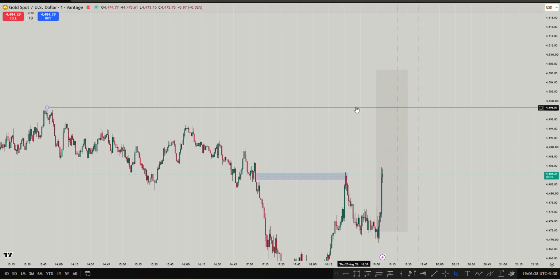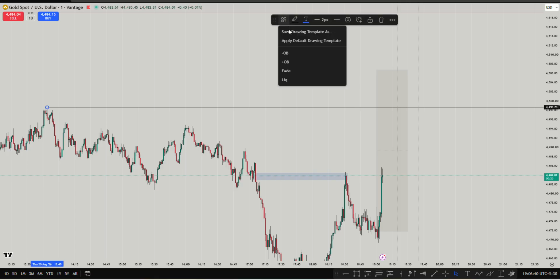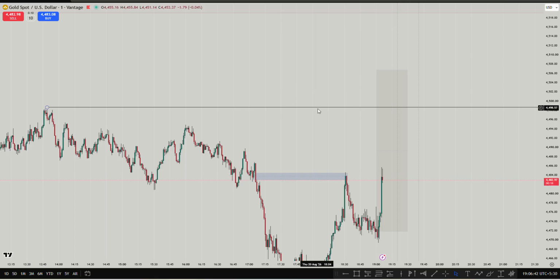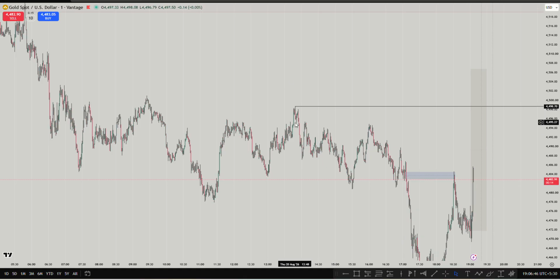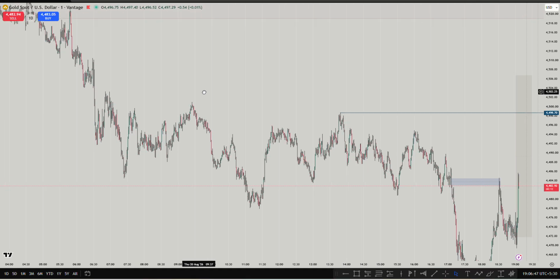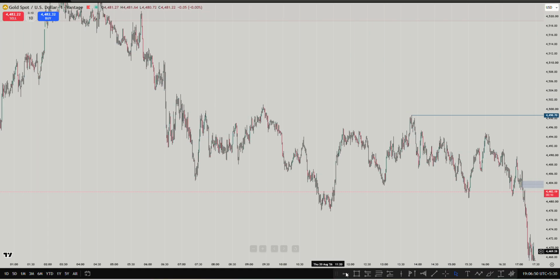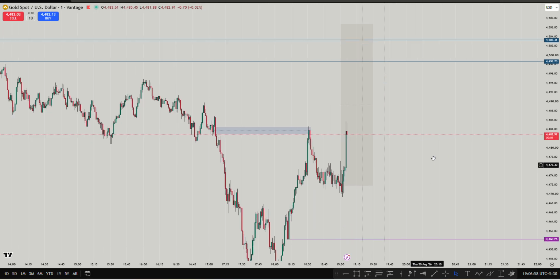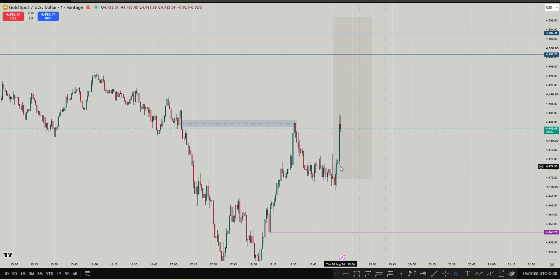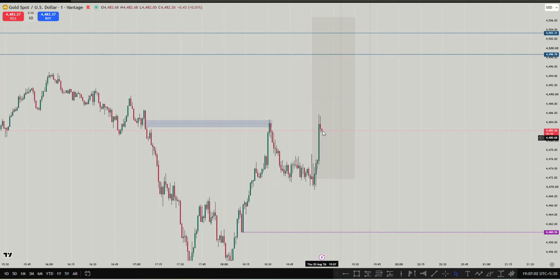Let's take a look if it targets this liquidity, which is a kind of London liquidity. This candle totally invalidated my idea.